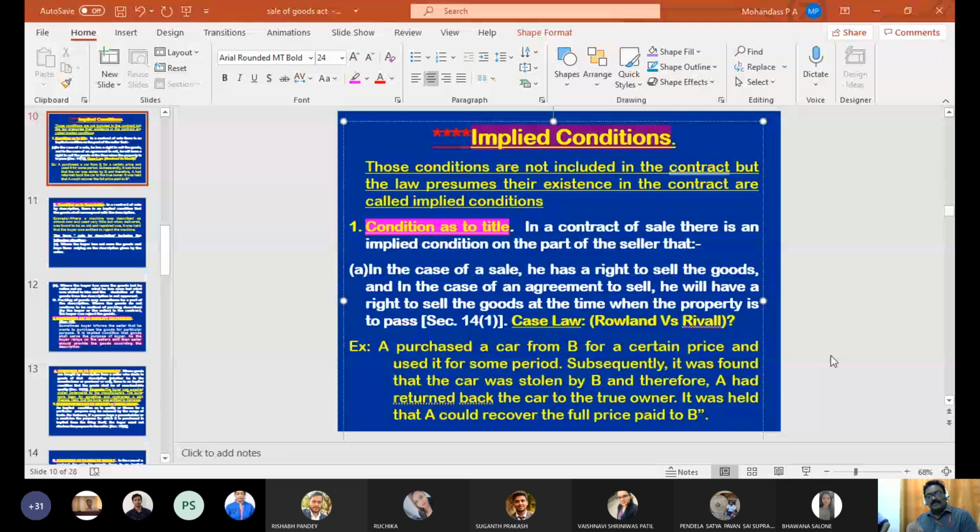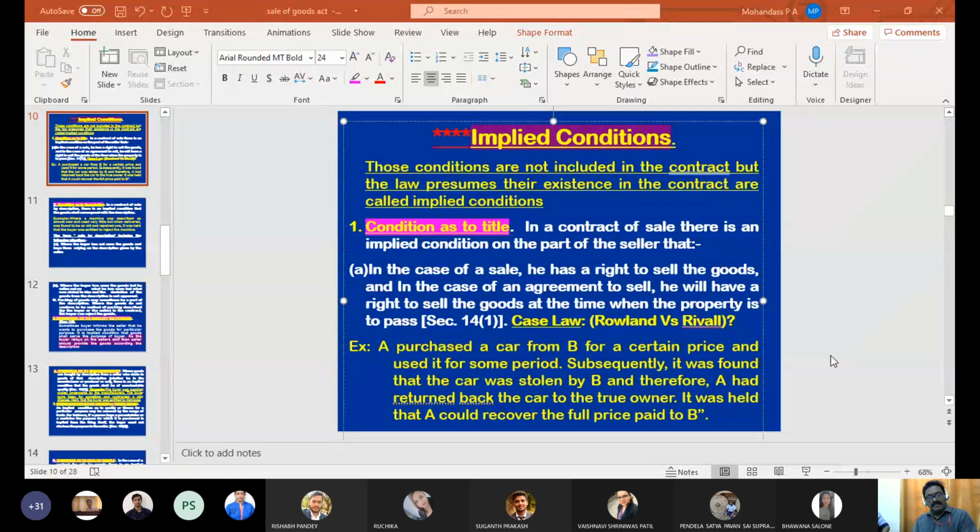What is the question I'm answering? Give me some examples of implied conditions. What is implied condition? A condition which is not expressed by the buyer or seller. What is express condition? Everything is clearly defined with respect to the most important specification aspects of a product. What is implied condition? Nothing is written, but as per the law, a condition applies.